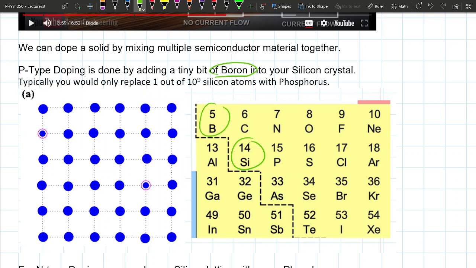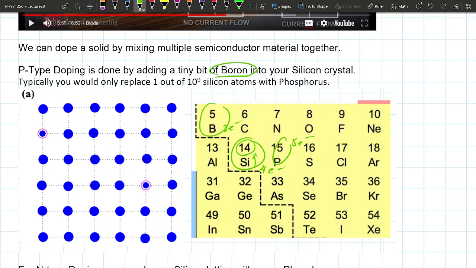Silicon has 14, and silicon has four valence electrons. Boron actually has 3 valence electrons, and phosphorus has 5 valence electrons. And that's how they're ordered: 3, 4, 5.